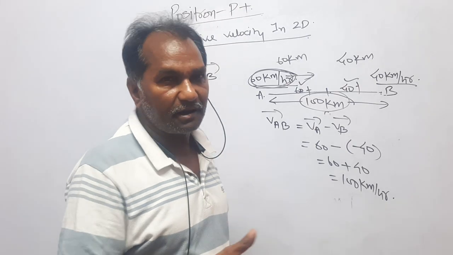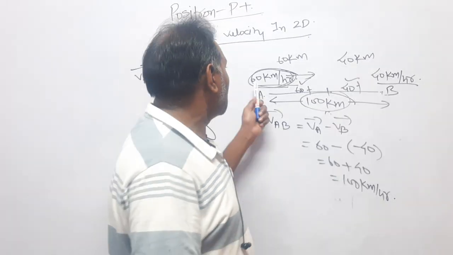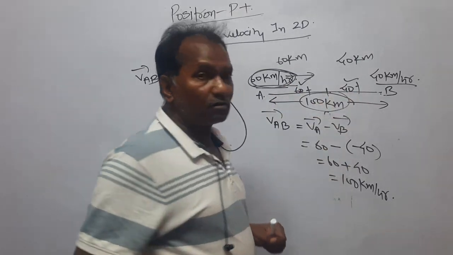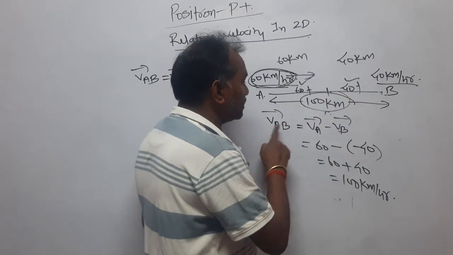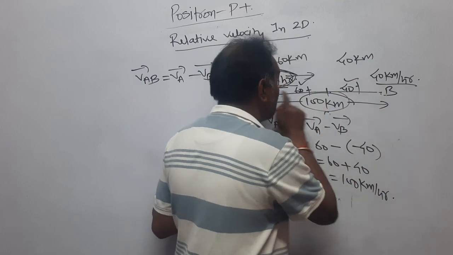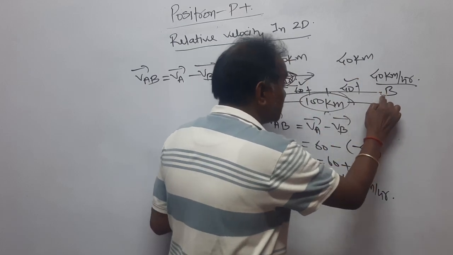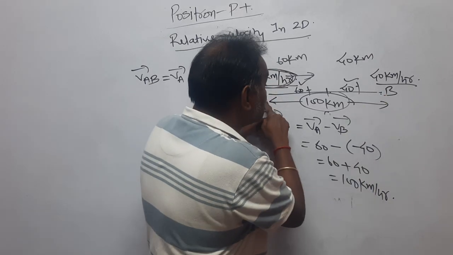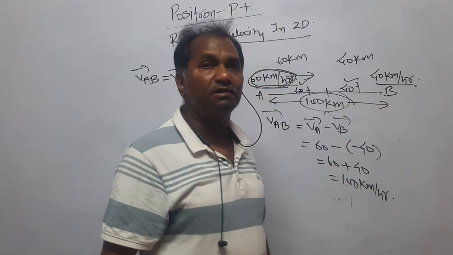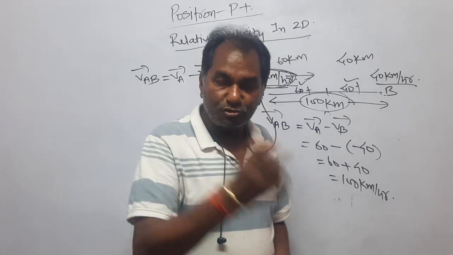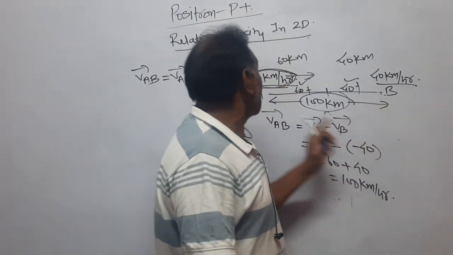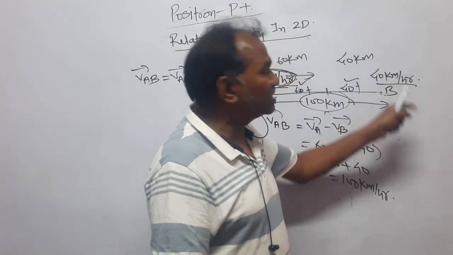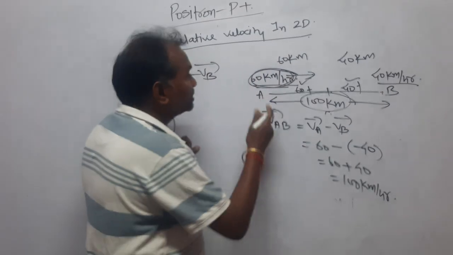Now dear student, again we have to find out what time A and B will cross each other. Now you have applied the concept of relative velocity, means you have found VAB, the velocity of A when B is at rest. Just suppose that when B is at rest, A has to travel this complete 100 km in order to cross B. So what time will they meet?